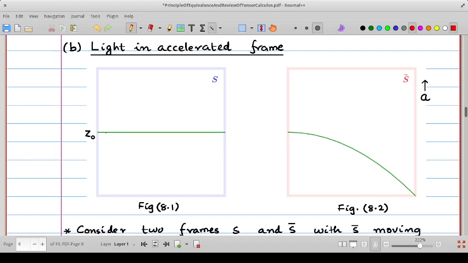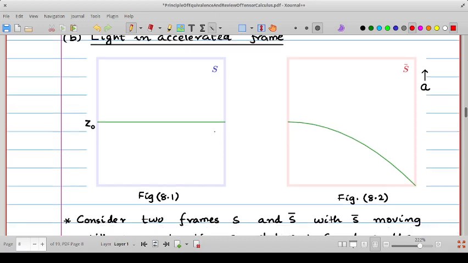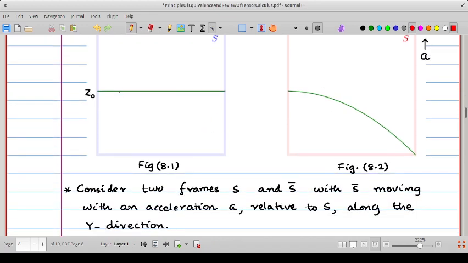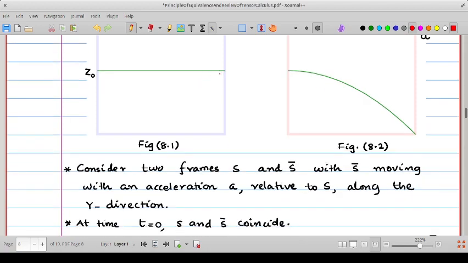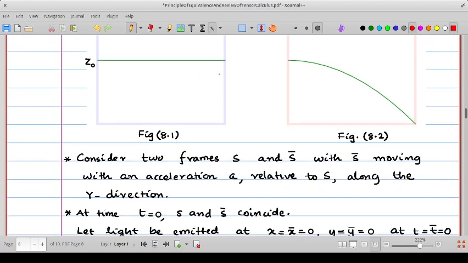So the clocks are also synchronized. So at that time, initially light is emitted in this direction. Now in the frame S, since light is emitted in the x direction, it will be moving along the x-axis. So the trajectory of the light is a straight line over here.